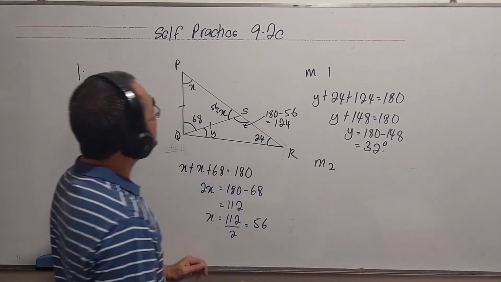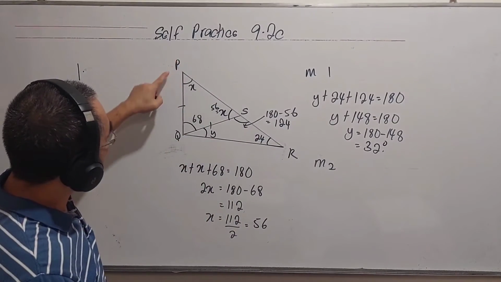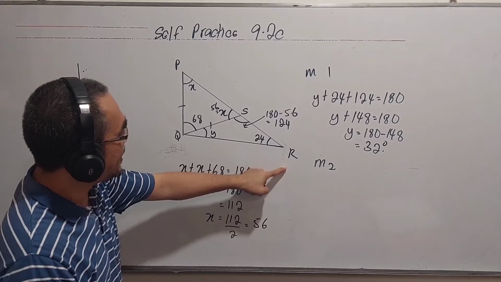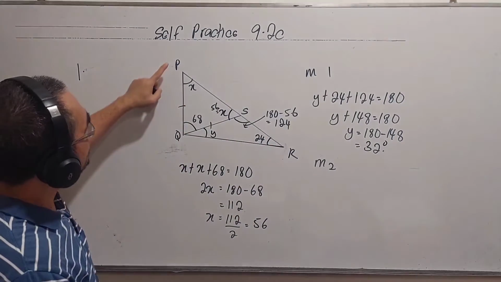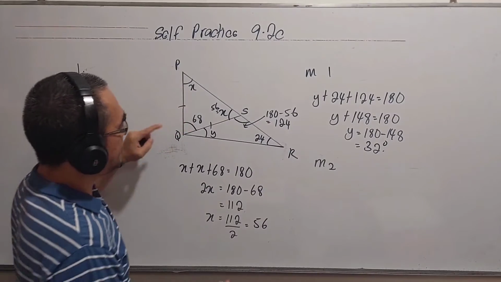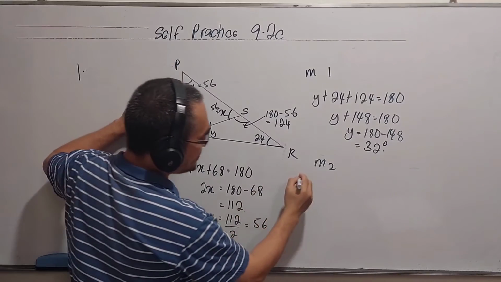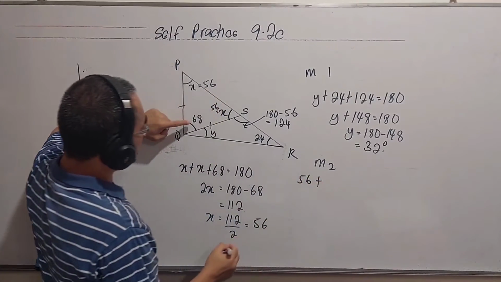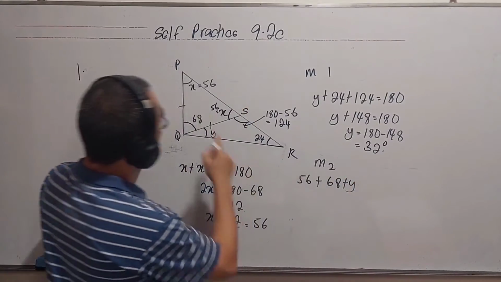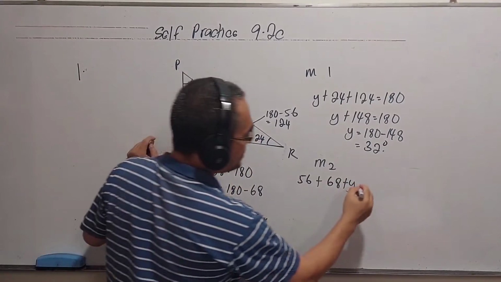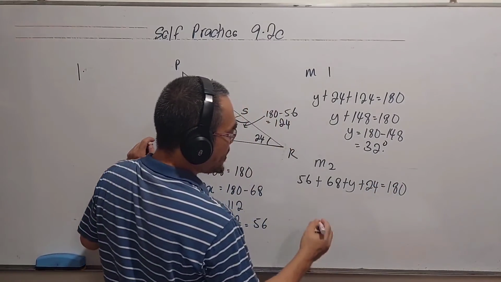For method 2, I'm using the total angle here, PQR. On the condition that this is a straight line, only then you can use that. So x, which is 56, plus the angle here and y, plus 24 equals 180.